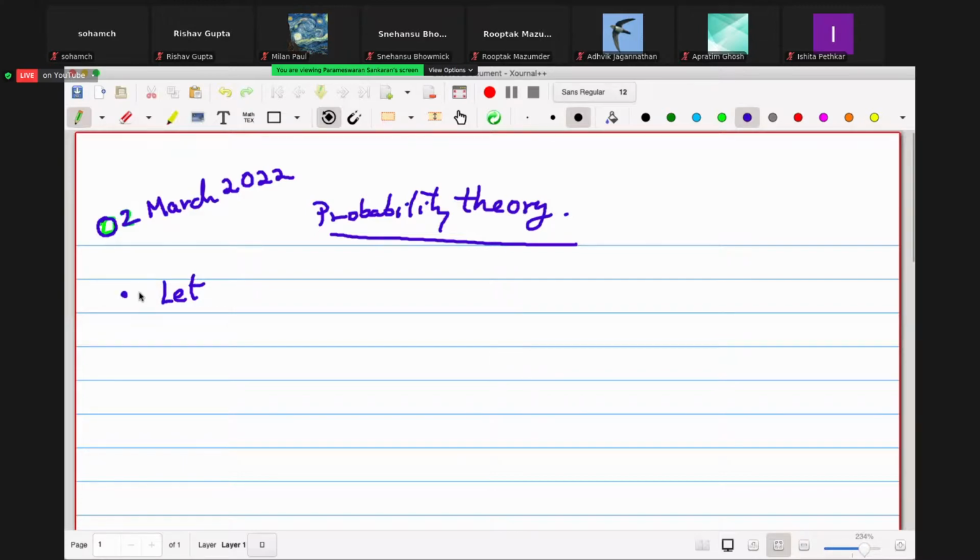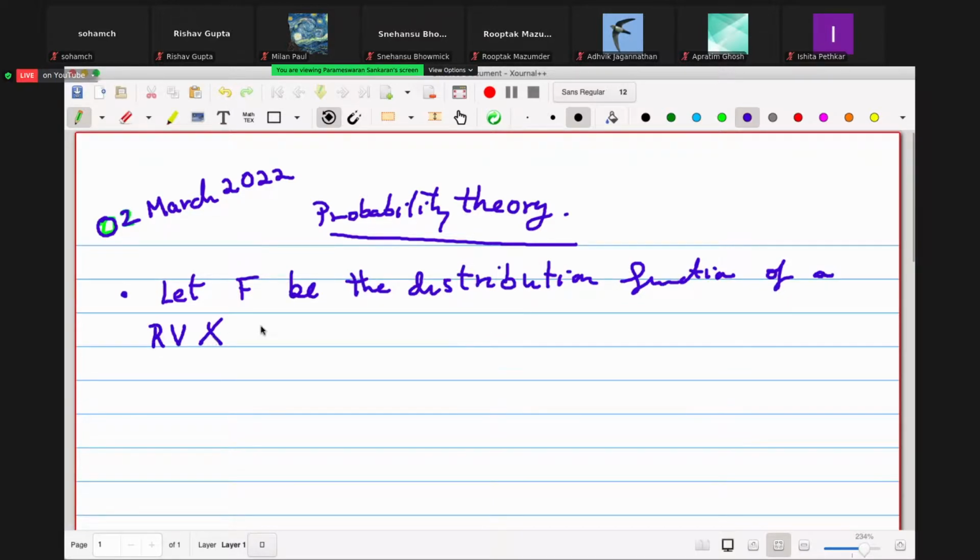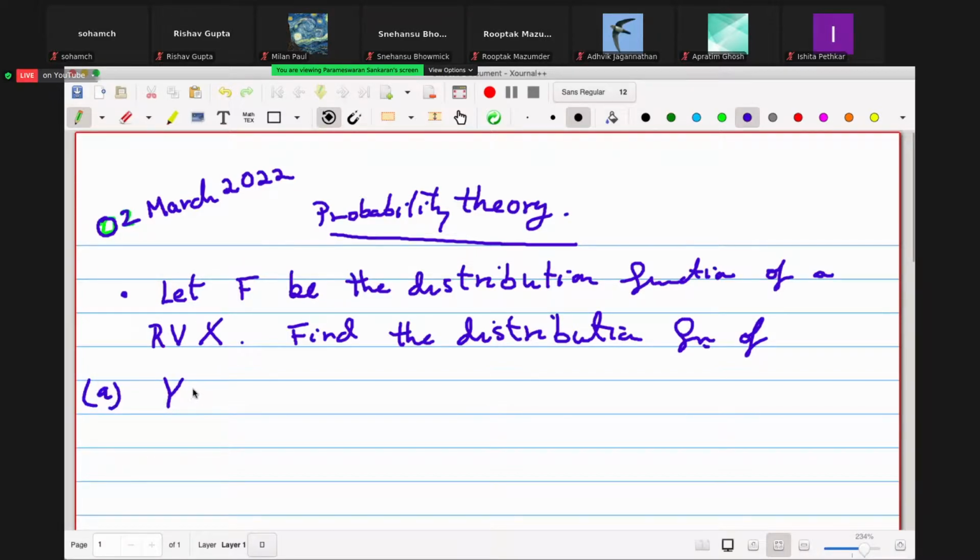Let F be the distribution function of random variable X. So find the distribution function of Y. There are several subdivisions; I will do only one or two of them.